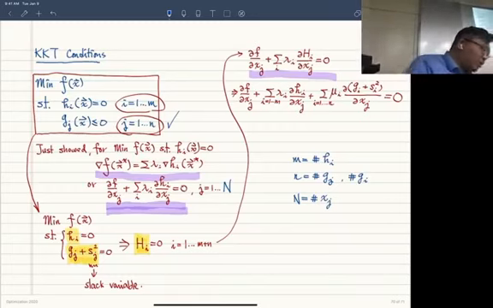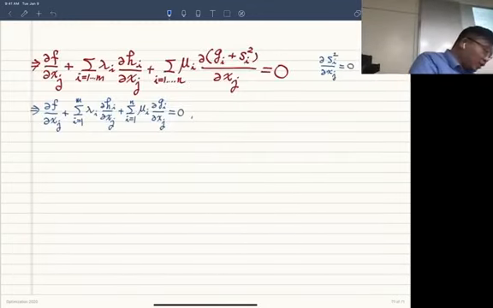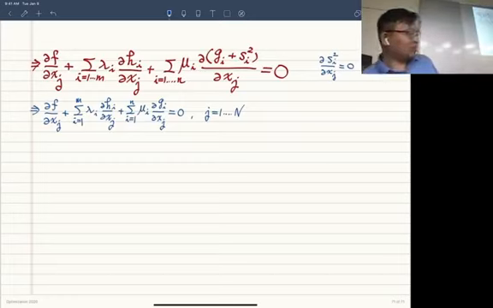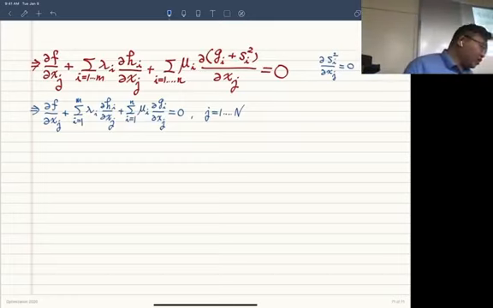So these three numbers are different. That's why over here j represents the number of my variables. I should have capital N numbers of those equations.